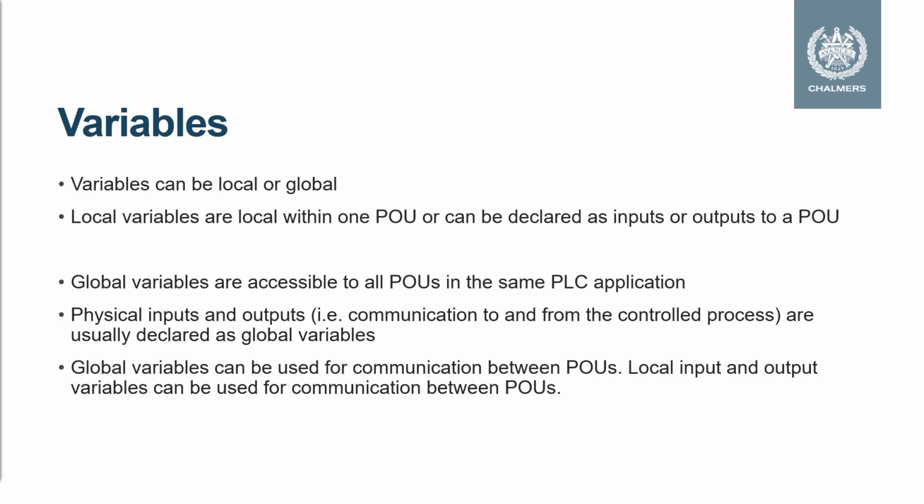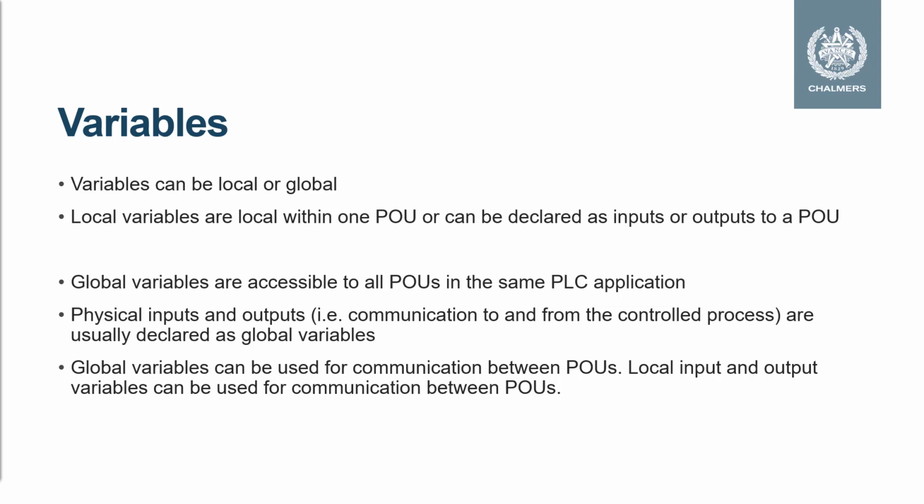As in most programming languages, we can use variables as local and global. A local variable is only accessible within the POU where it's defined. A global variable is accessible for all POUs within the application.